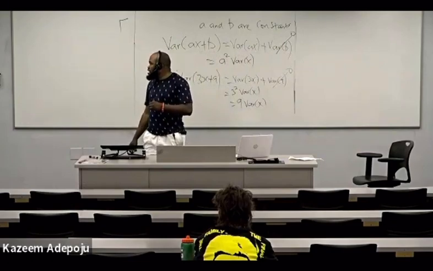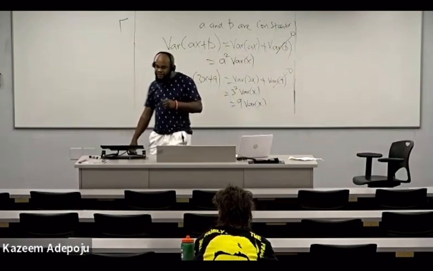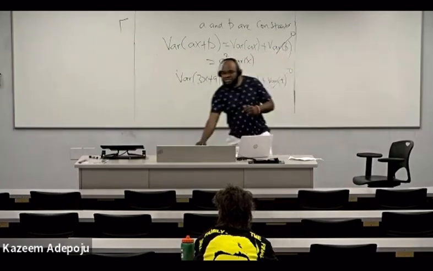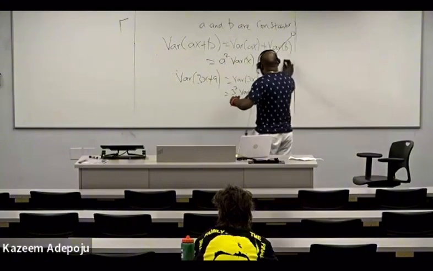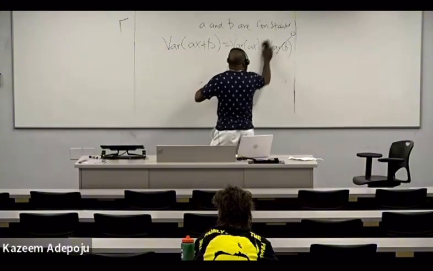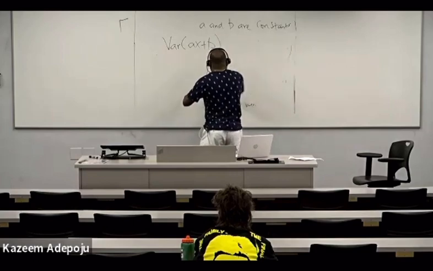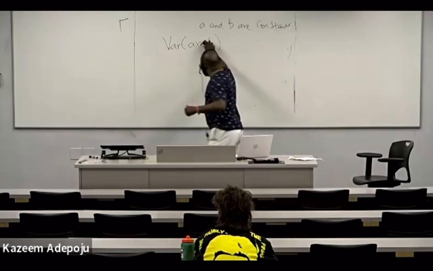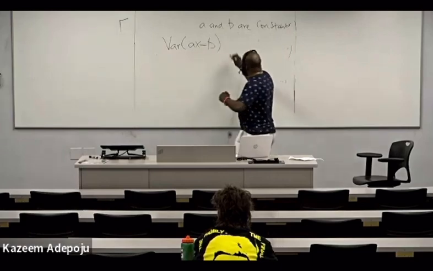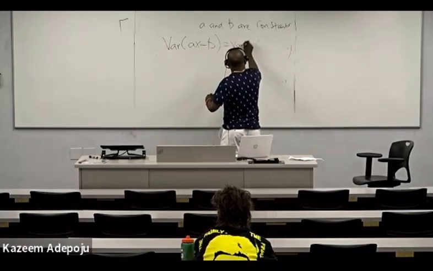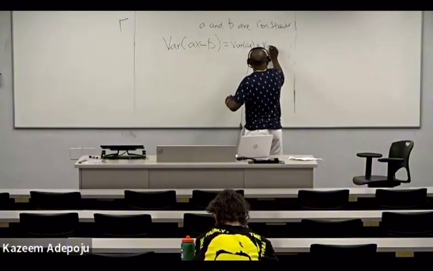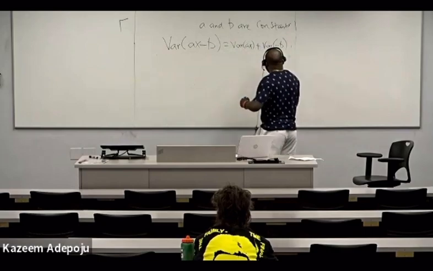If I have a linear combination, I want to figure out the variance. Let me tell you this: even if what you have in the middle is minus, you're going to have the variance of ax plus the variance of minus b.